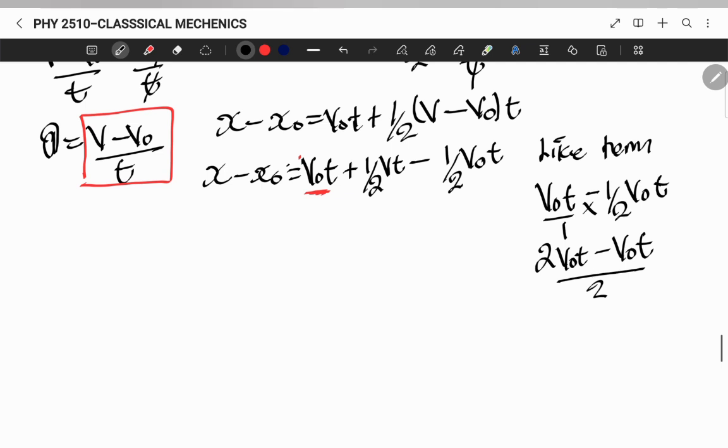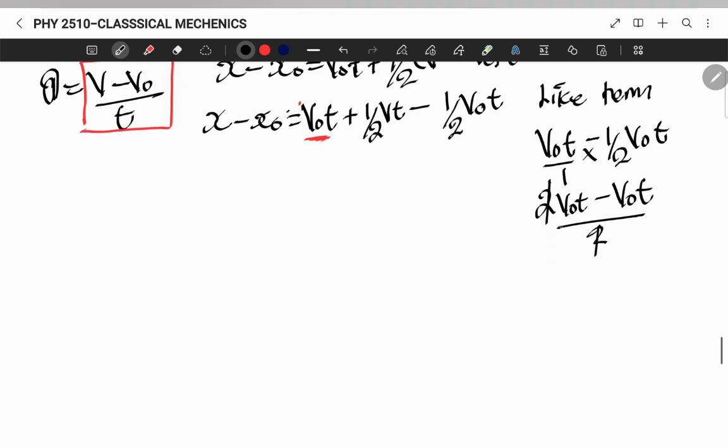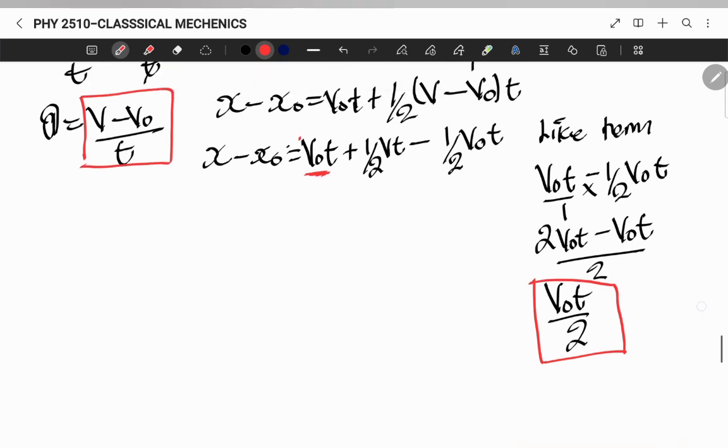This can go with that. What are you remaining with? 2v naught minus v naught is going to give you v naught over 2. So you lift this up and take it now in the equation.